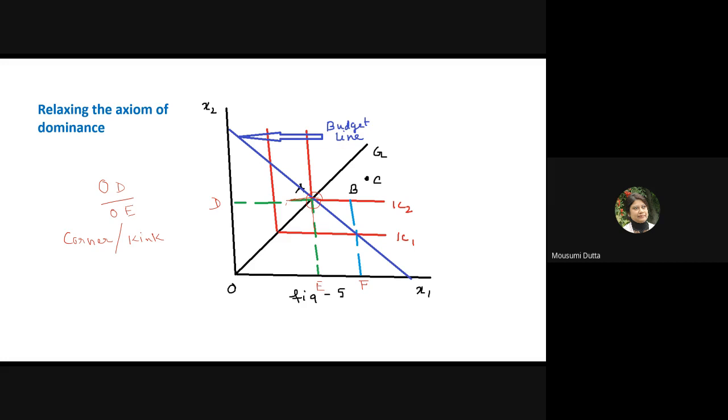Because at B, without reducing the consumption of X2, keeping the consumption of X2 at OD, the consumer could increase consumption of X1 to OF from OE. However, this is not helping the consumer to move on a higher indifference curve. Actually, AB is redundant to the consumer given a fixed amount of X2, OD.